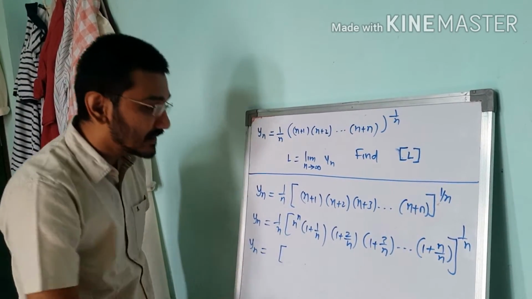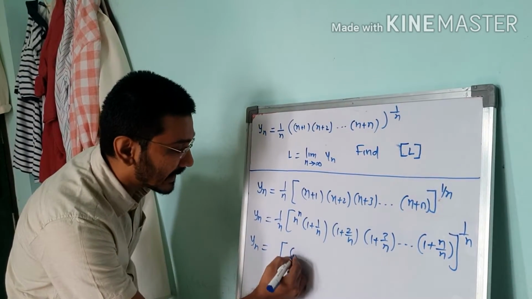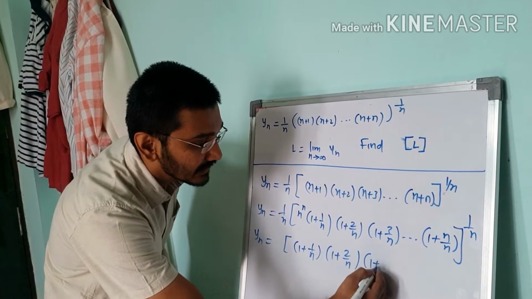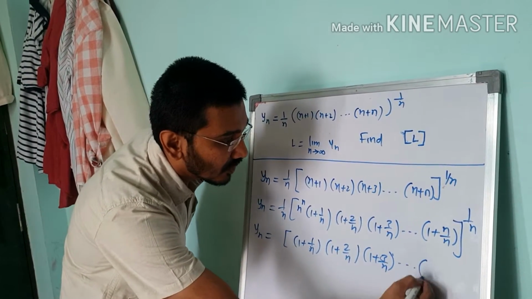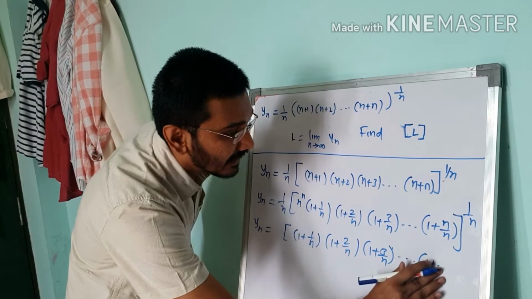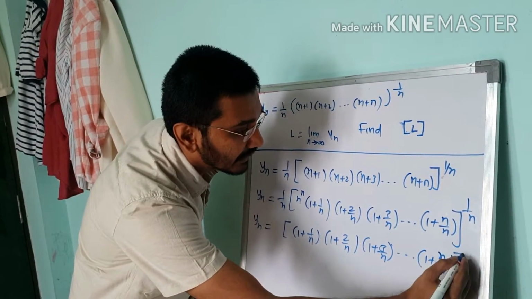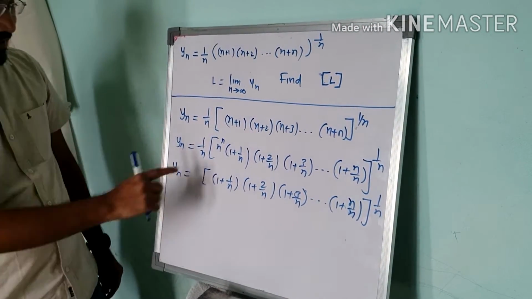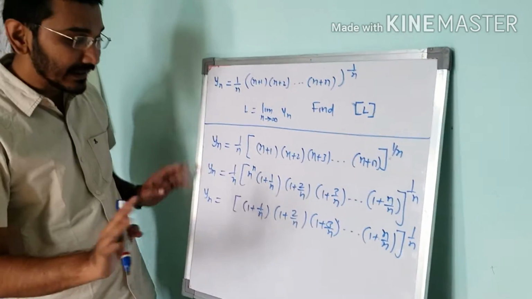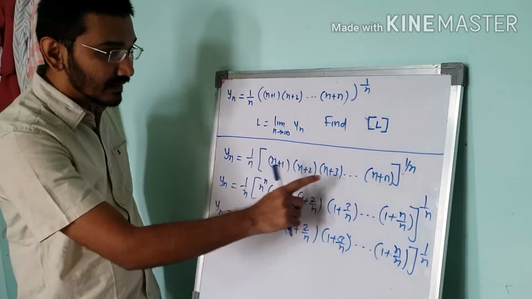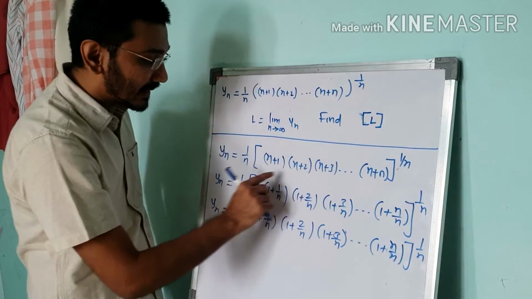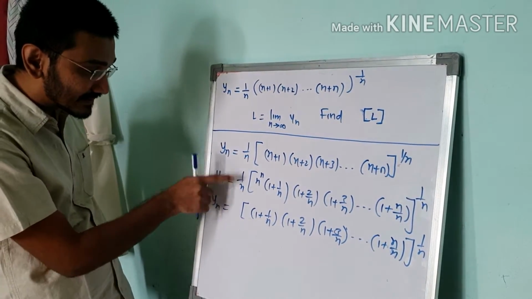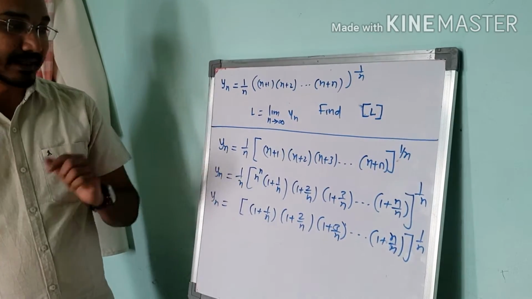So what remains is only inside: 1 plus 1 by n, 1 plus 2 by n, 1 plus 3 by n, and so on up to 1 plus n by n, and the bracket raised to 1 by n. Now look at this, students. This n raised to n is completely cancelled. How? n raised to n, raised to 1 by n, that n gets cancelled, and I am getting n outside, and that n outside cancels this 1 by n. So this is the yn I am getting.